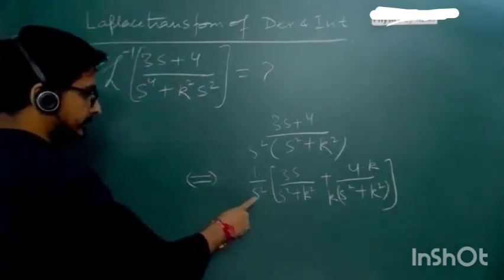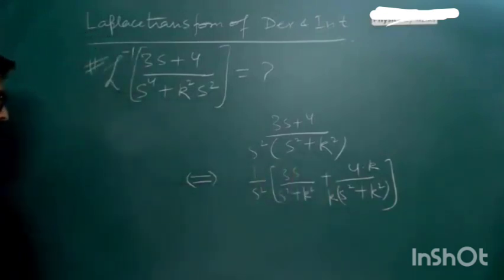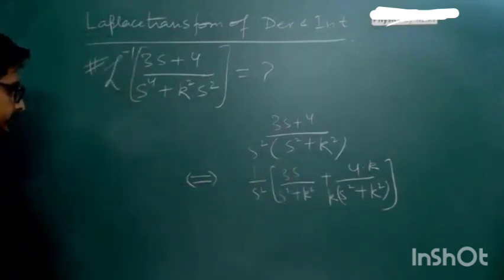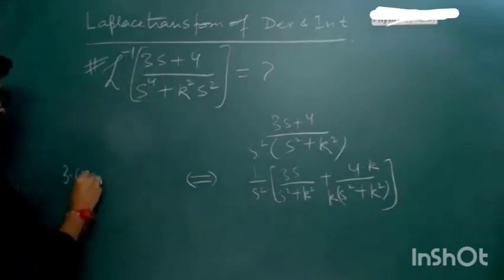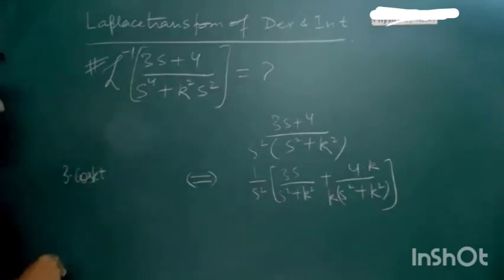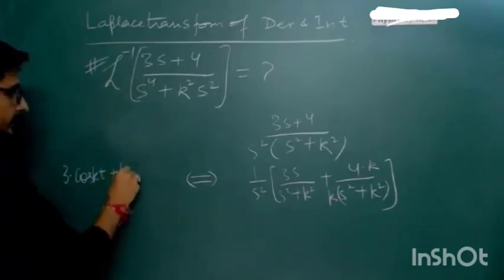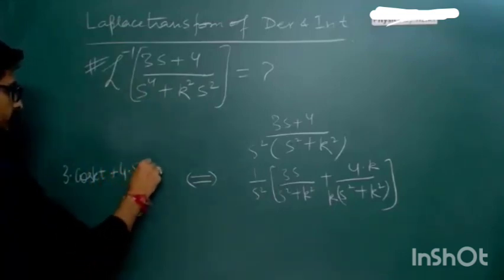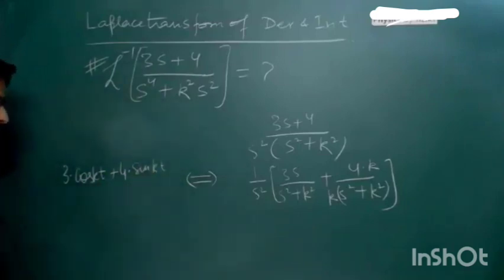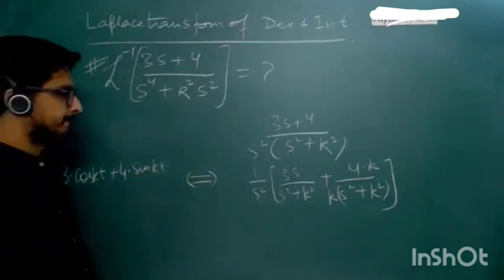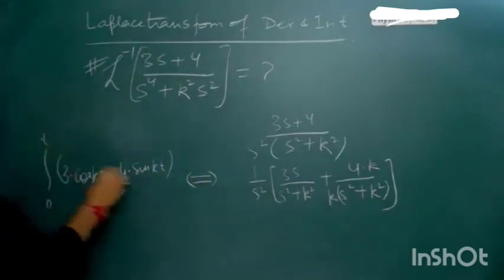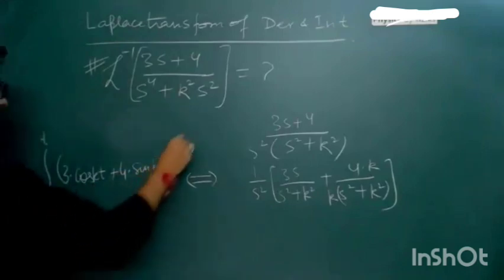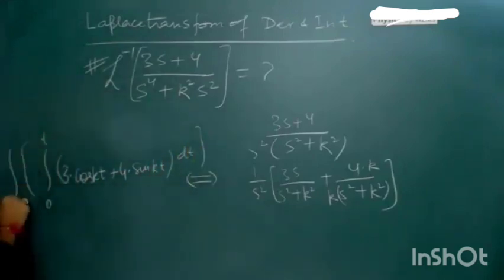Just this, if I want to write the inverse, what will I get? 3 times cos of kt plus 4 times sin of kt, and then integral from 0 to t, dt, and whatever we get, again integral from 0 to t, dt.